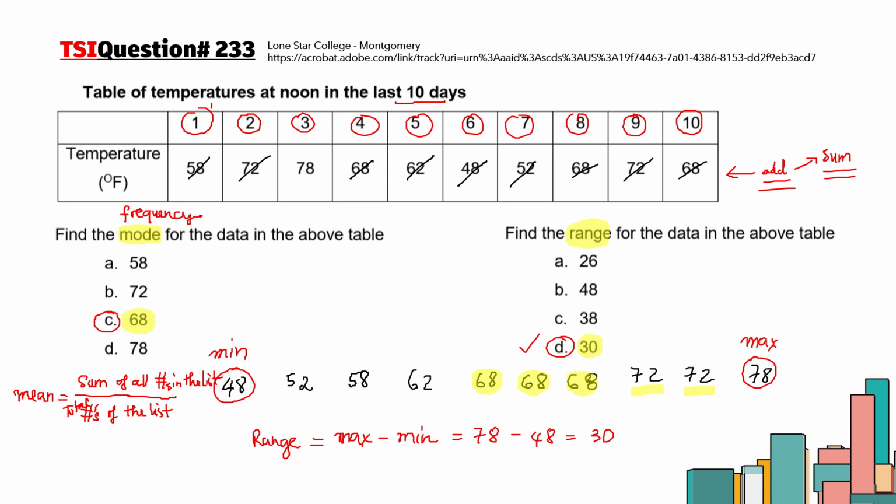The median is the middle number of the list. So we can count 1 at the beginning, 1 at the end, and then keep moving toward the middle. So 3, 4. Now we have 2 numbers in the middle. Because the number of items in the list is even, you will have 2 numbers in the middle.